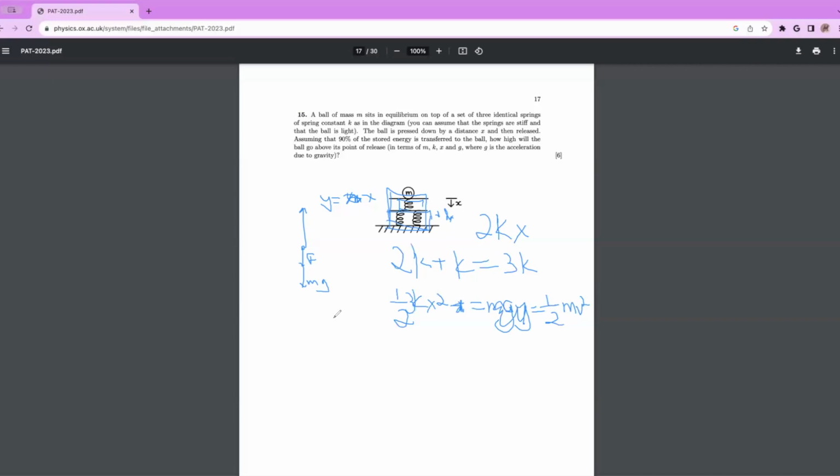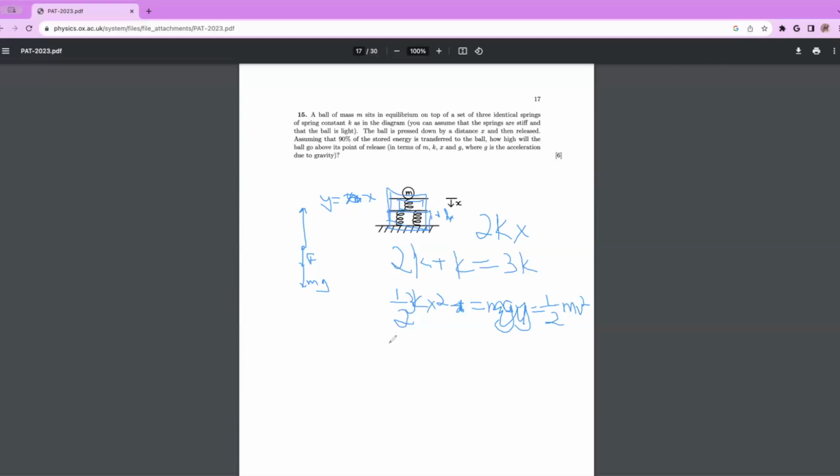And that's actually all going to be converted into gravitational potential energy, because the ball will be launched up and it will stop. The maximum height will be when it stops moving altogether, but it'll have all the gravitational potential energy then.